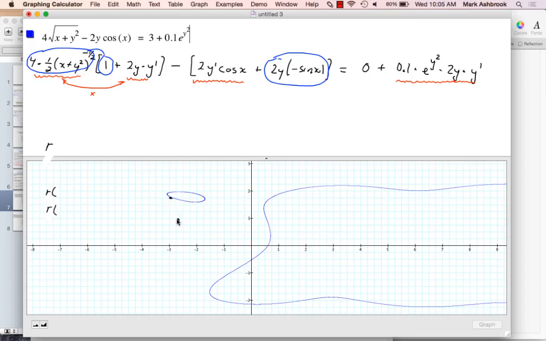High or low, positive or negative rate of change at negative 3, 1.8? Negative, low, negative, right? It's a shallow slope, so it's going to be a rate of change that's maybe negative a half or something like that. So let's see if for that other GC file that I showed you.